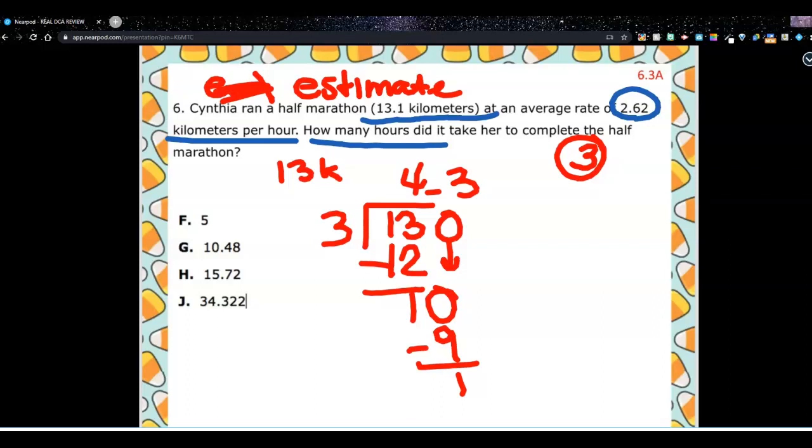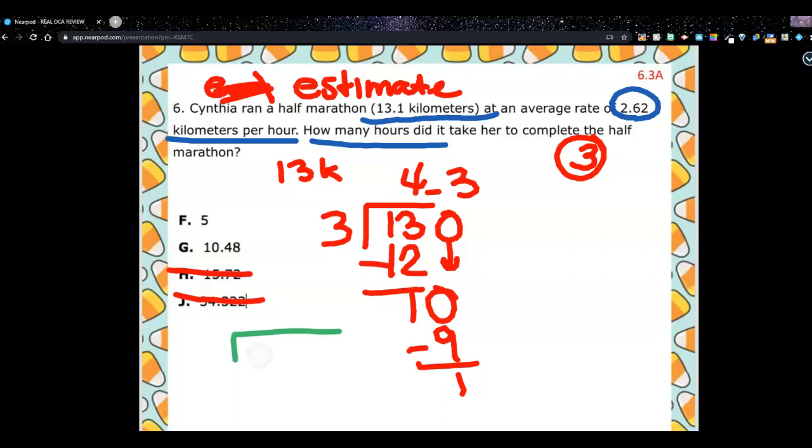But I did round, so it's not going to be exactly. Which of these answers are way far away that I could get rid of? 34. And even G might be a little high, but I can pretty much tell from here what it's going to be.